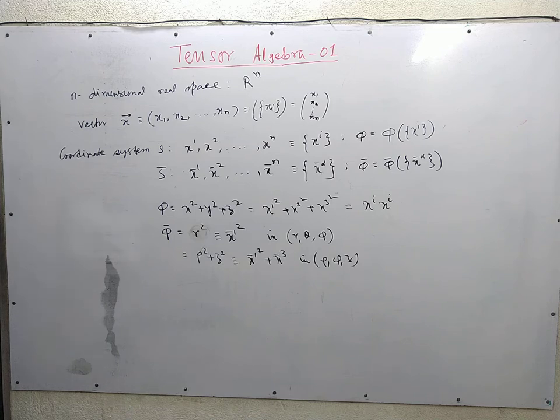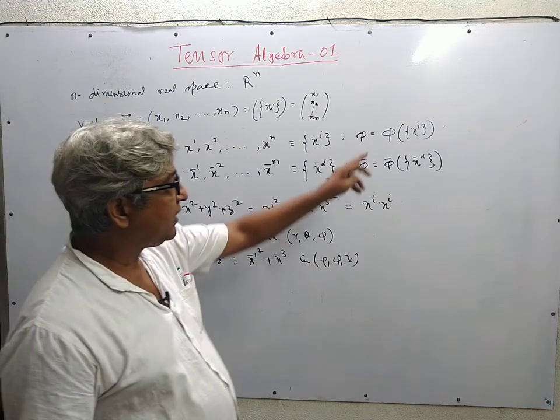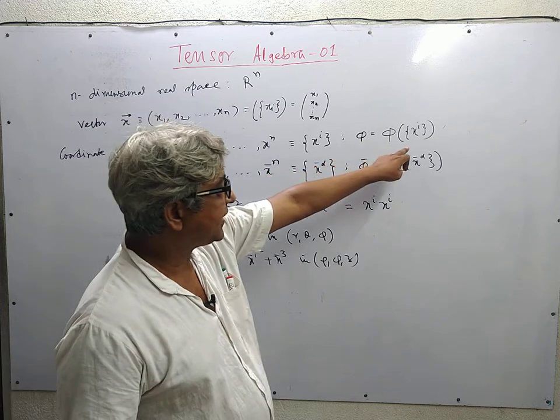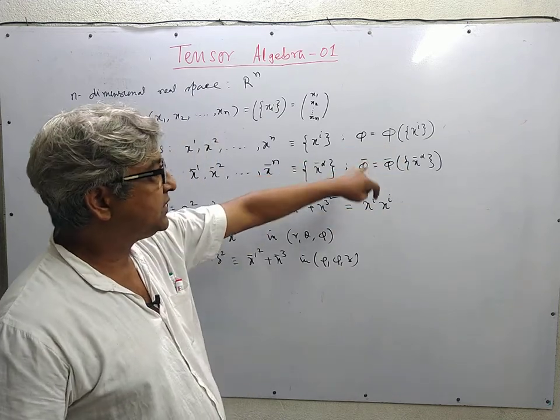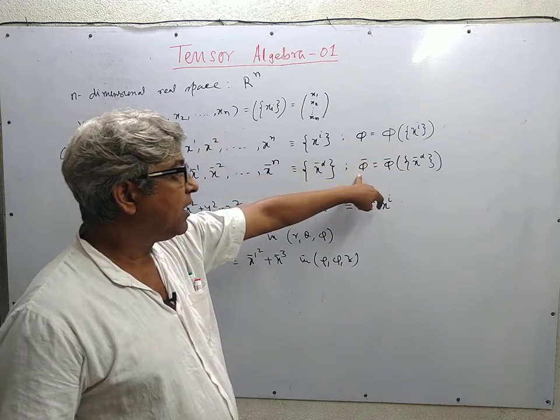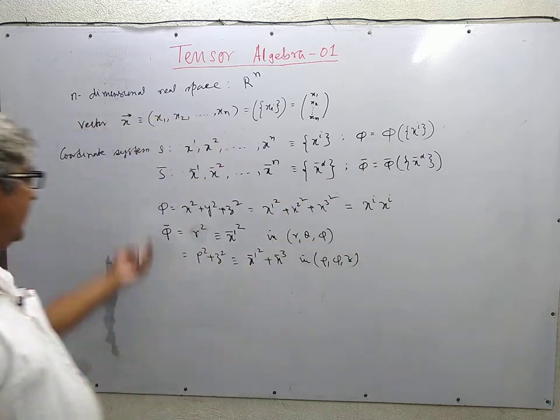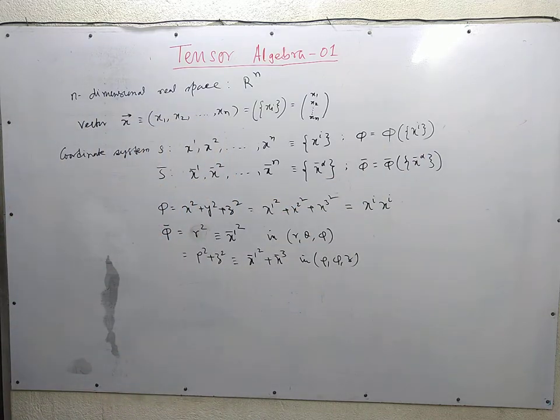So we say that it is a function phi which in the S frame looks like this, and which in the barred frame looks like this. Here we have cited an example.